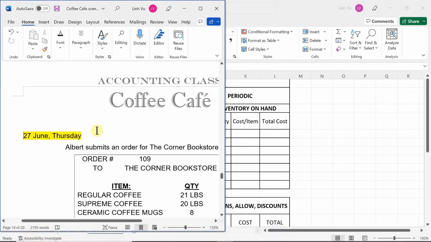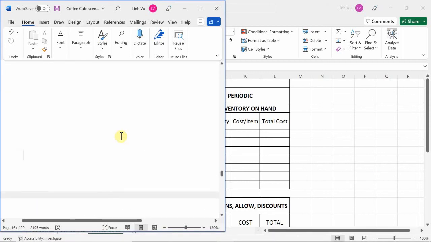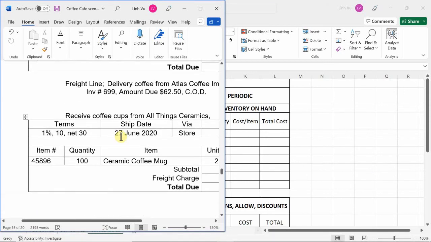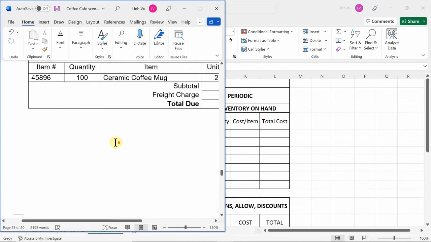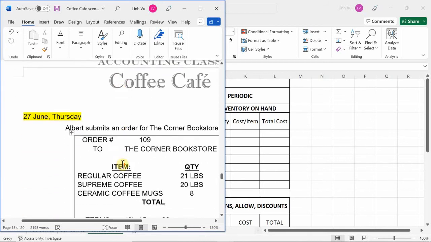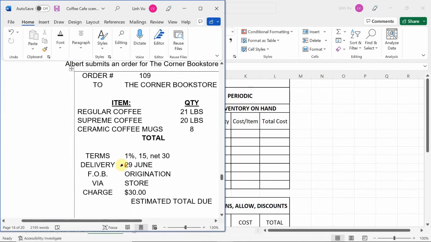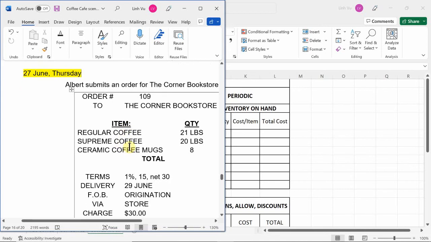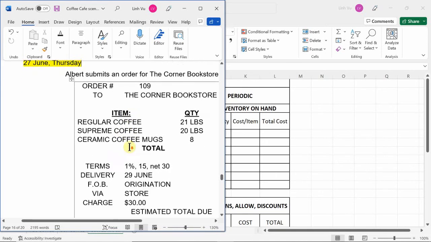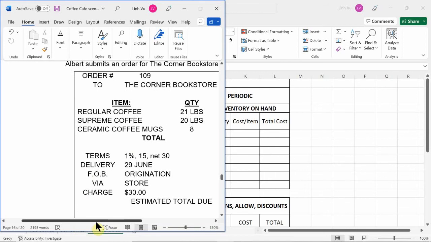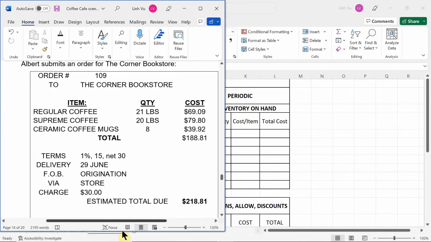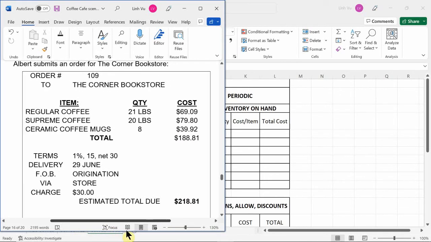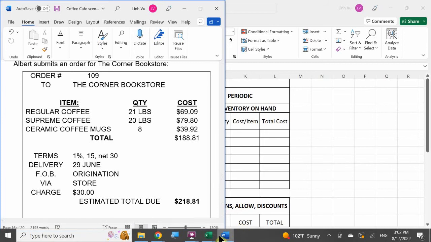Okay, so we just finished up the last couple of receiving inventory items. Here's the next thing that we have: to submit an order for the Corner Bookstore. Okay, so this is what they want.